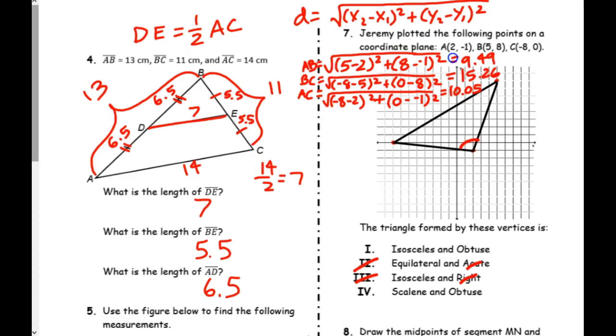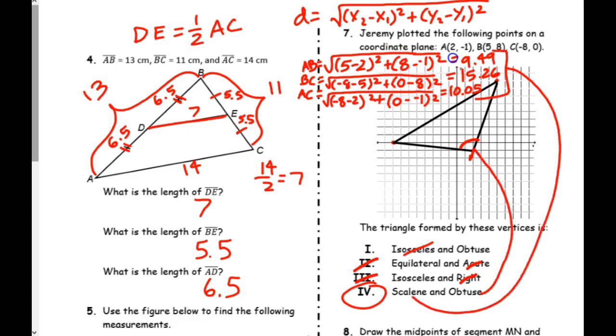That is not isosceles. This is scalene. Okay? So all three of those different sides means it's going to be scalene, and then obtuse is going to be that angle right there. Okay?